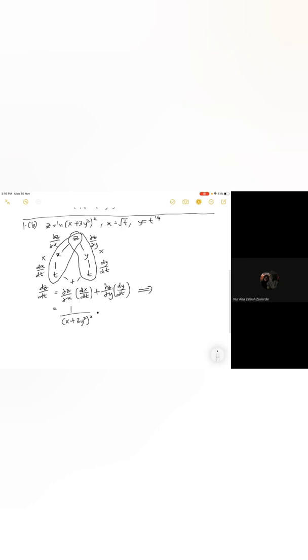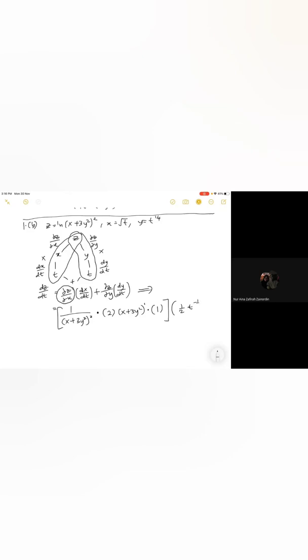Times with, bezakan 2 tu, X tambah 3Y kuasa 2. 2 tolak 1 dapat kuasa 1. Darab lagi beza dalam terhadap X. Kita baru buat yang bawah depan ini saja. This whole thing is for X. X is 1 only plus 0, 0. Okay. And then dx dt is 1 over 2.